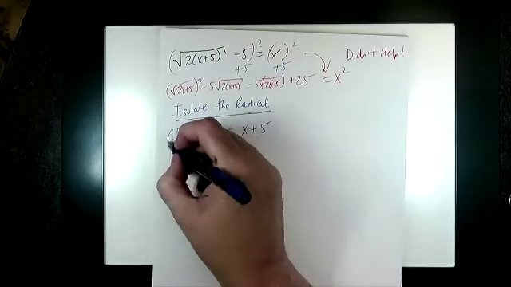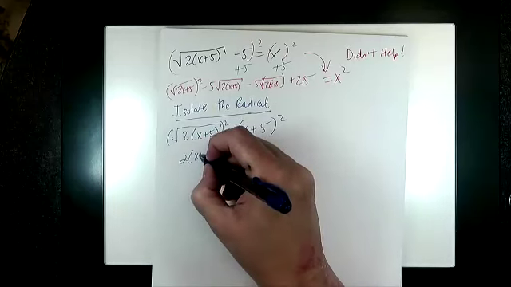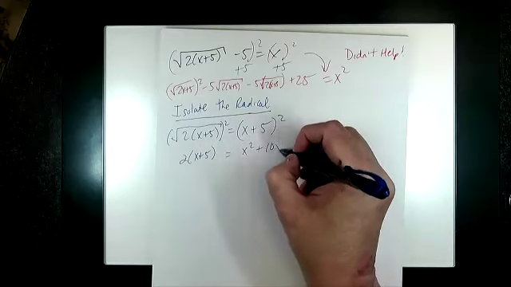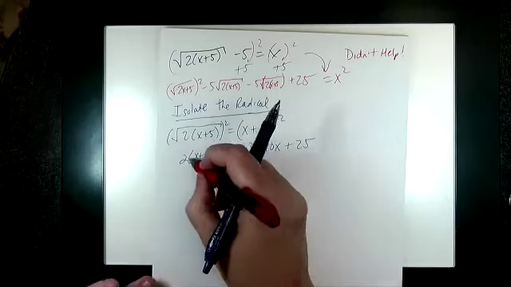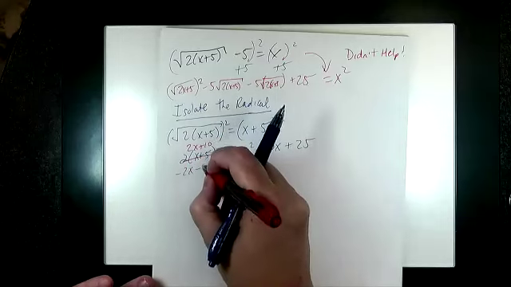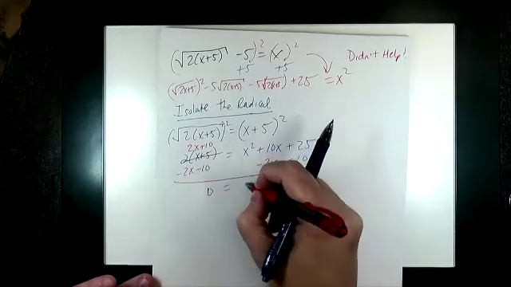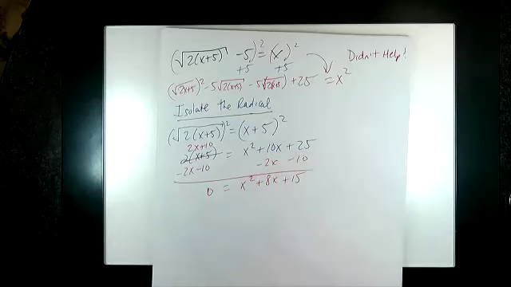Now we can square it. Move everything to one side, make it a function, and then square the side before you square it.